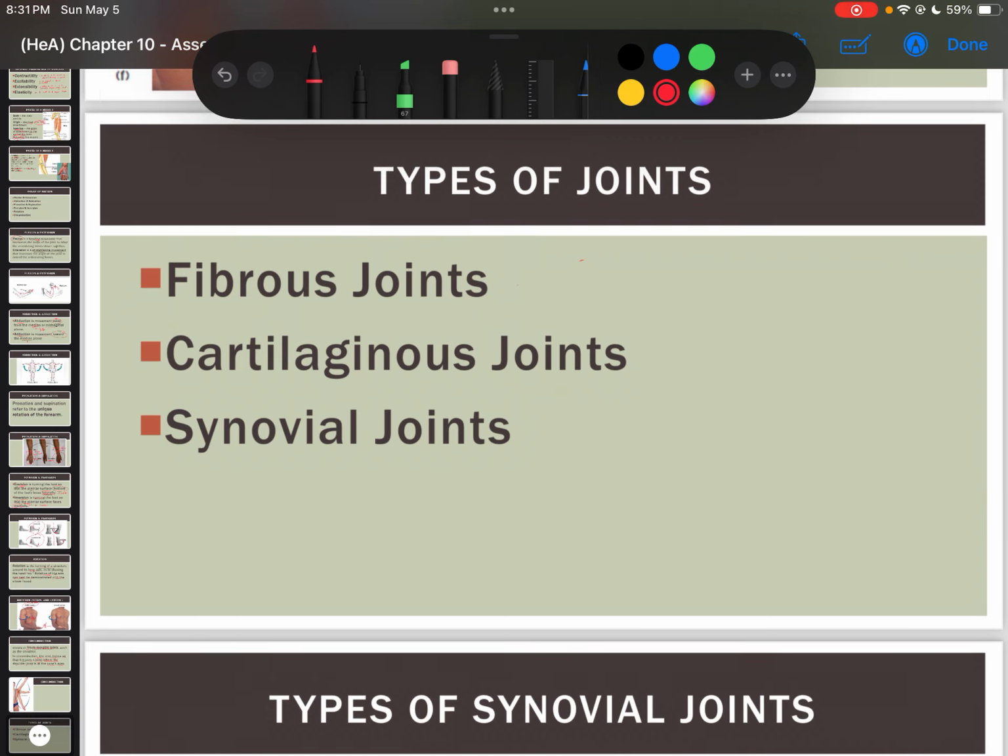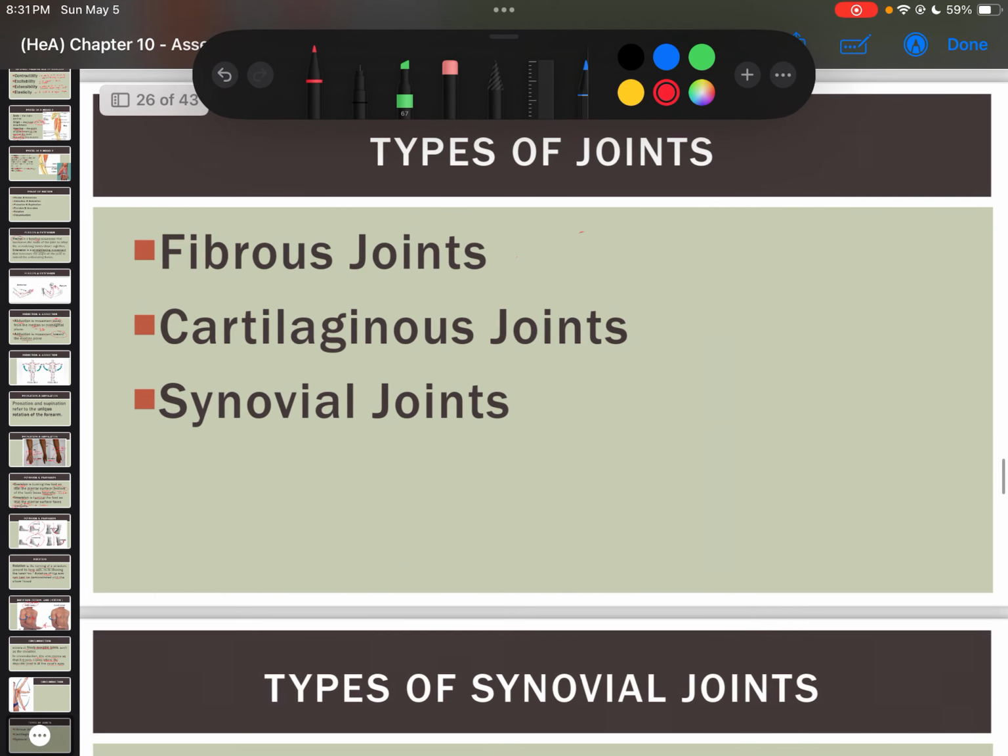Now next, we also have the types of joints. For the types of joints, class, we have 3 types, but we will be mainly focusing on synovial joints. Now, fibrous joints are connected by fibrous connective tissue.